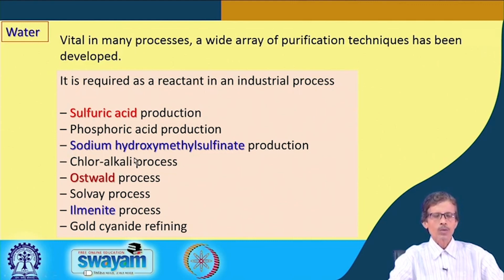Similarly, for the production of sodium hydroxymethyl sulfonate, as we can see from the name only, the hydroxymethyl sulfonate function can be obtained from the water molecule present as a component of our reaction.